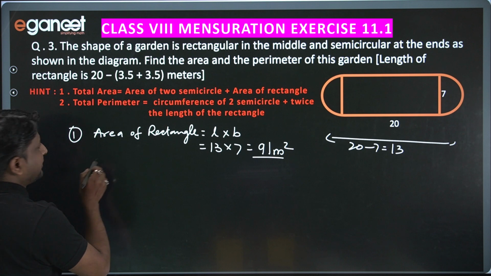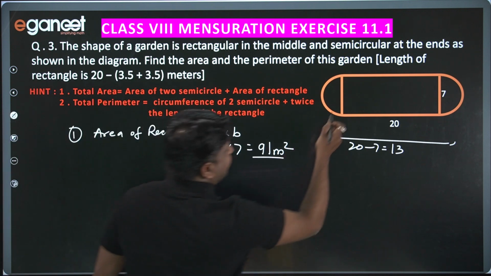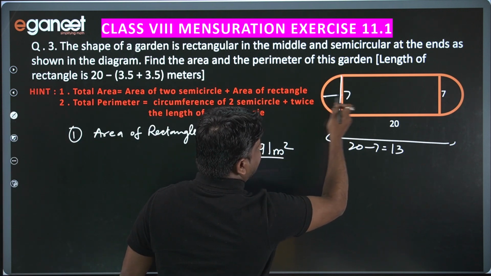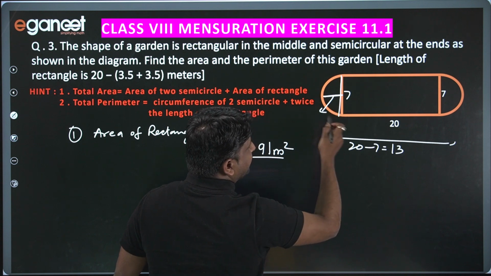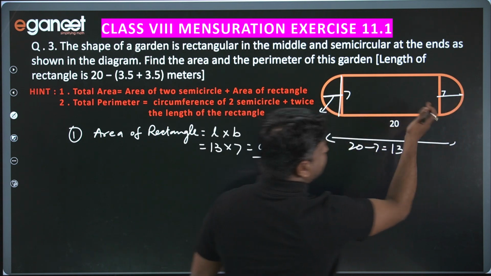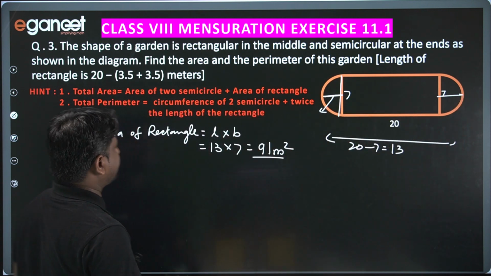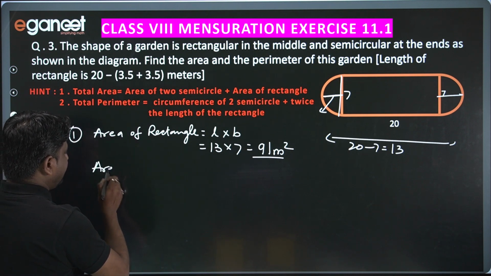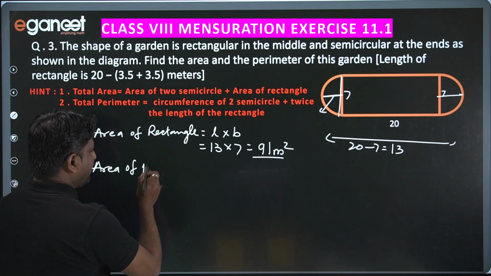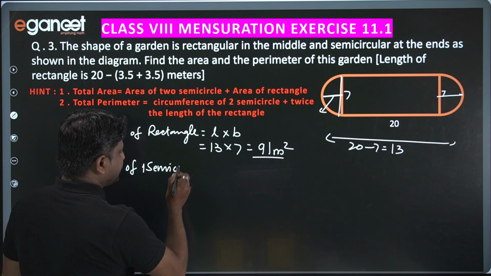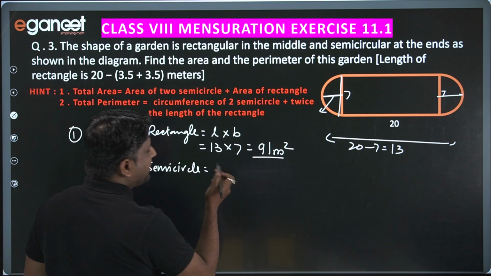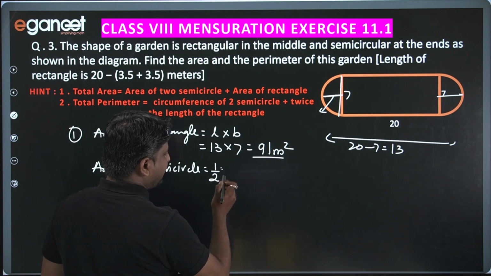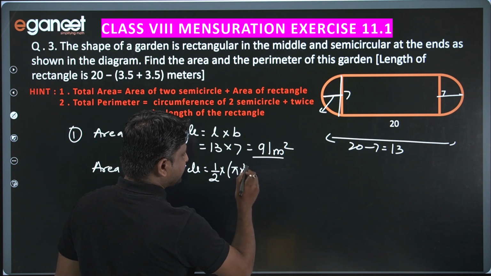And now we'll find out the area of 2 semicircles. As we have discussed, this is 7, so the radius will be 7 by 2 here. This is also 7 by 2. It means both these are congruent semicircles, okay? So area of 1 semicircle will be 1 by 2 times pi r square, right?